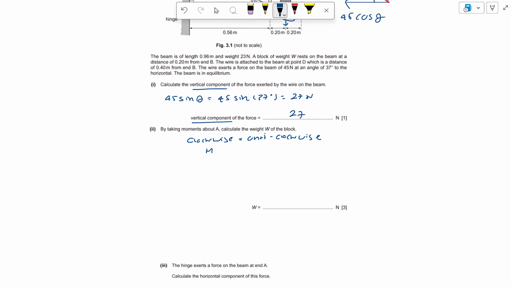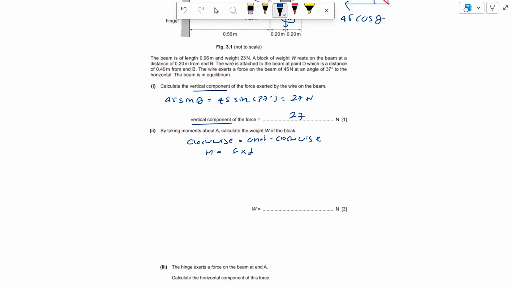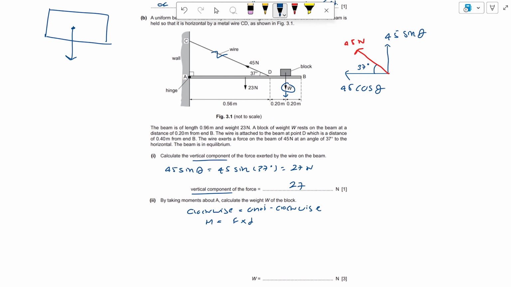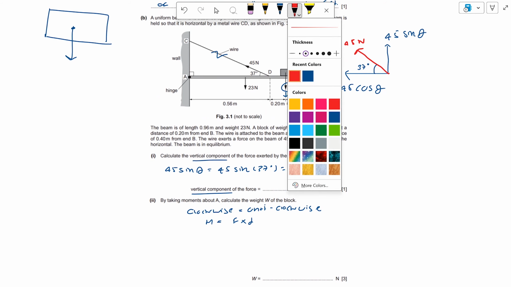And we know that the formula for moment is force times distance. So we need to identify which are the forces that are going to be our clockwise moments and our anti-clockwise moments.